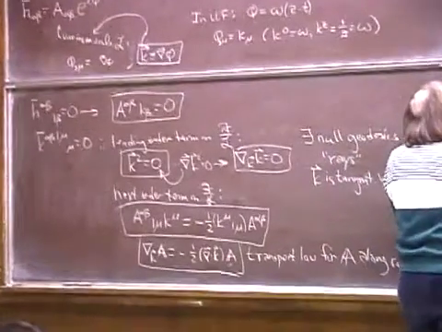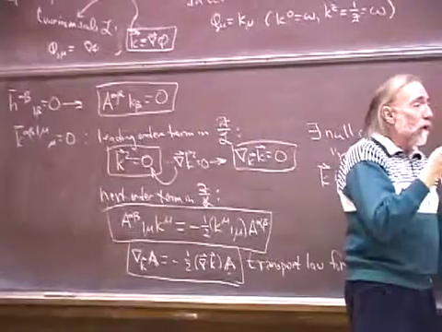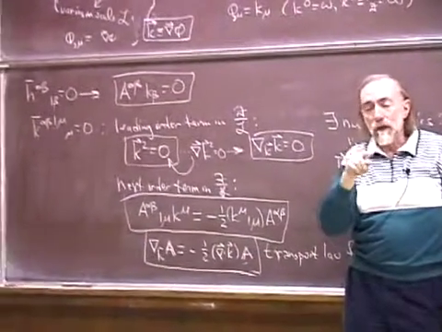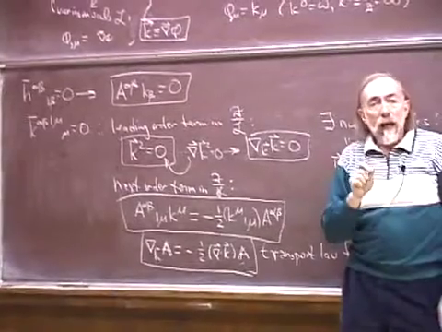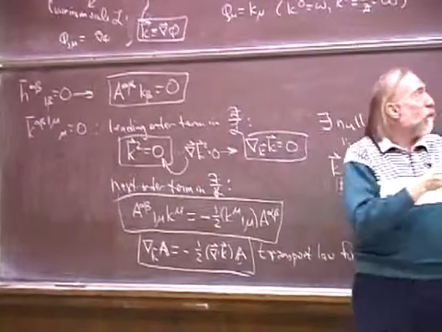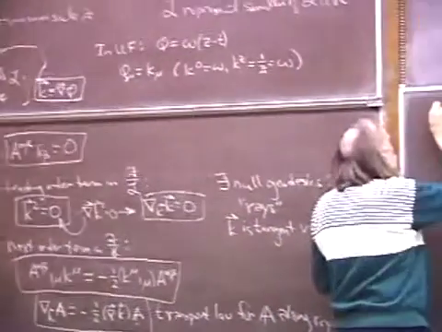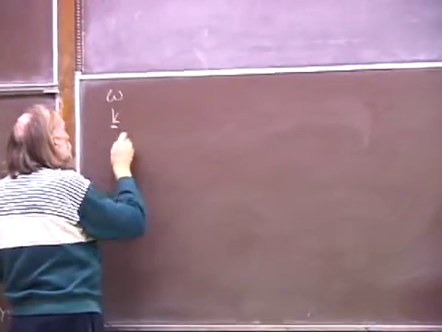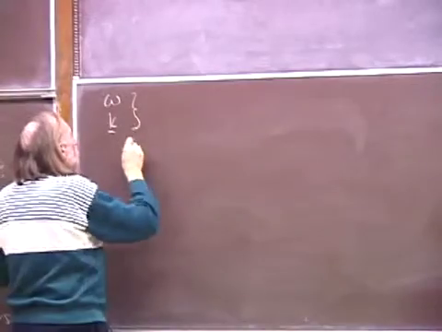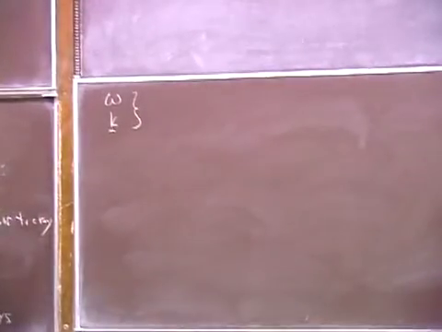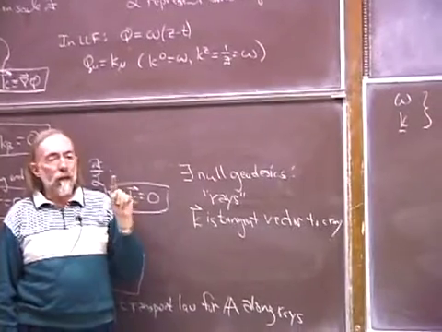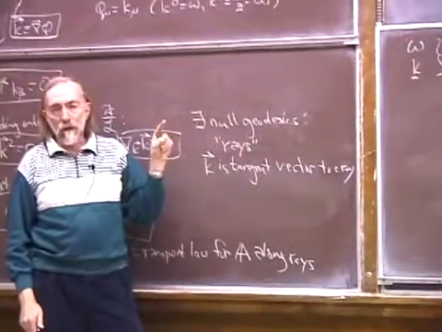So we all know that if you go to a local Lorentz frame and you have some sort of wave, and it has some wave vector k, or some frequency omega, and some spatial part of the wave vector k, that wave can then be described quantum mechanically in terms of quanta that the wave carries.